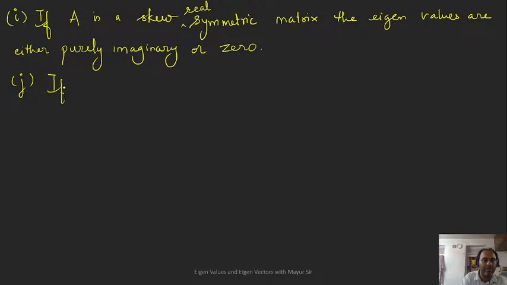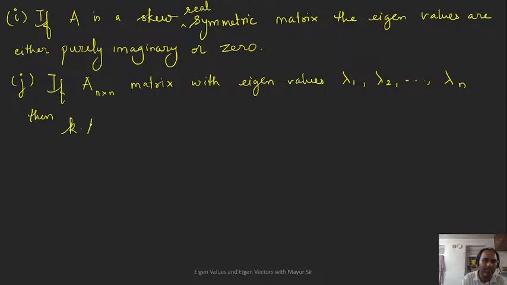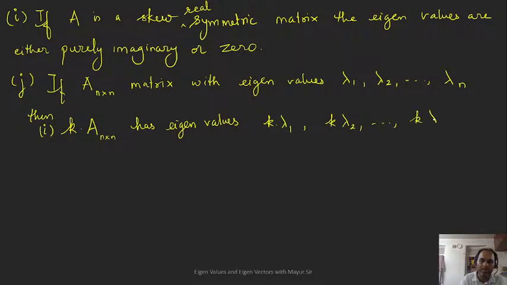If A is an n cross n matrix with eigenvalues lambda 1, lambda 2 up to lambda n, then k times A, also n cross n, has eigenvalues k lambda 1, k lambda 2 up to k lambda n.